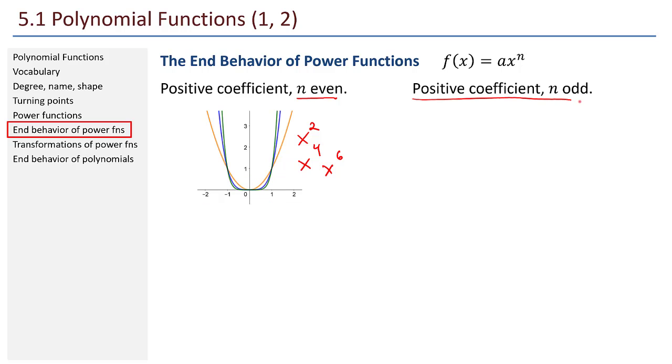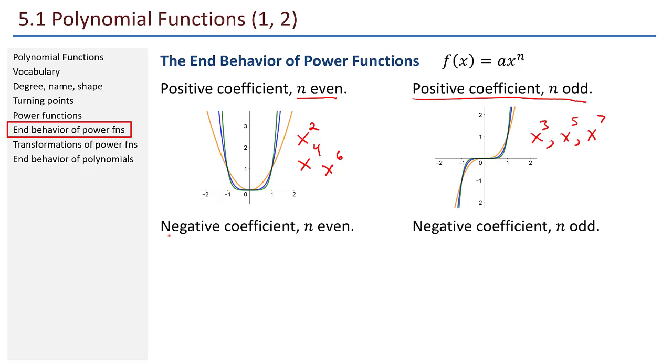But what about a positive coefficient with n being odd? Do you remember those? The 3 functions graphed here are x cubed, x to the 5th, and x to the 7th. They all have a very similar shape. Now, what about negative coefficients?